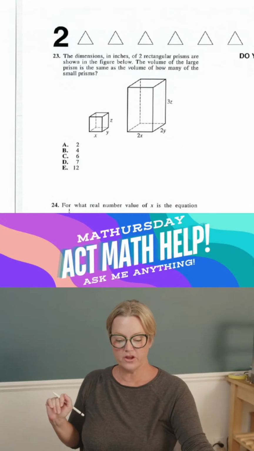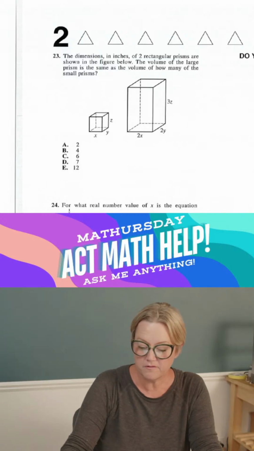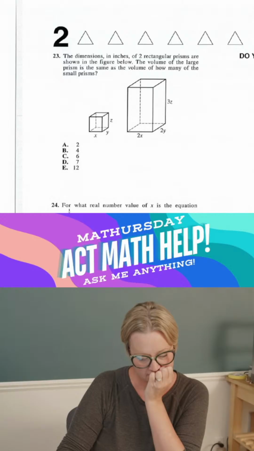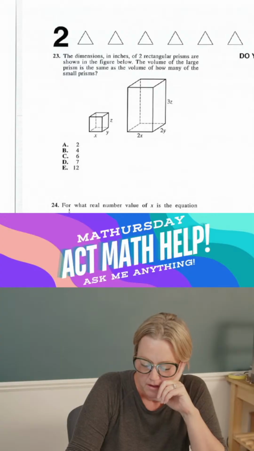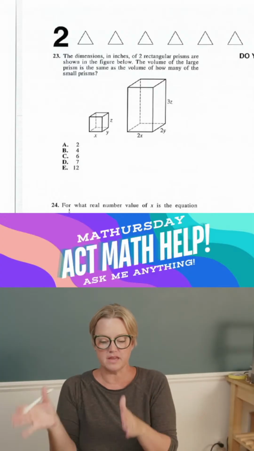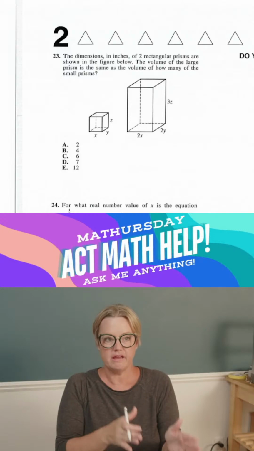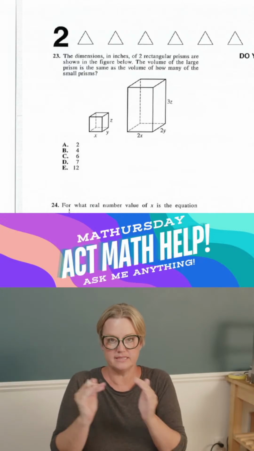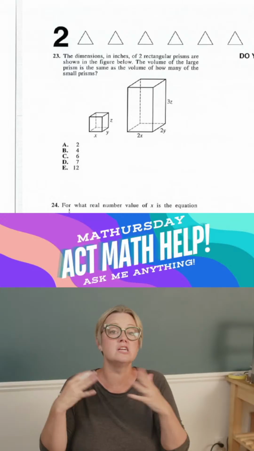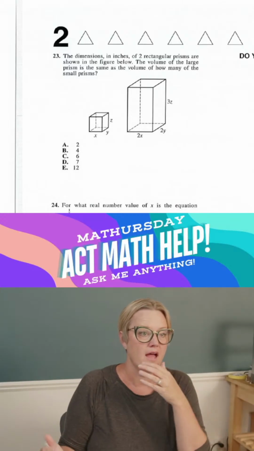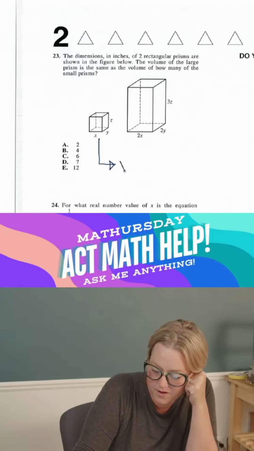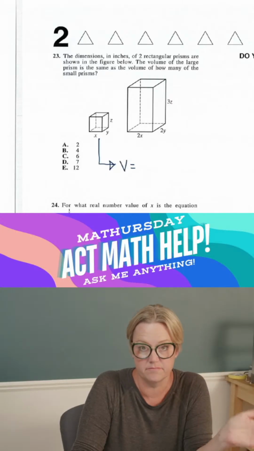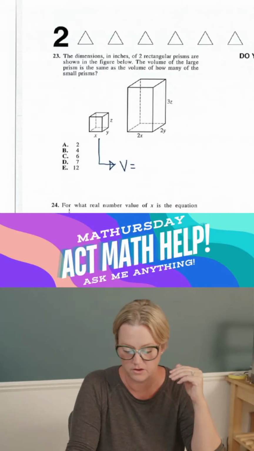Okay, so let's take a look at this. So the volume, I'm going to show you one way and then I'm going to show you another way. The first way to do this is, I know that in each of these prisms, X is the same, Y is the same, Z is the same. Those variables aren't going to change values. So the volume of a rectangular prism is length times width times height, that you multiply the 3 together.